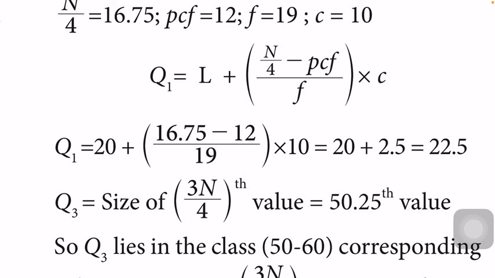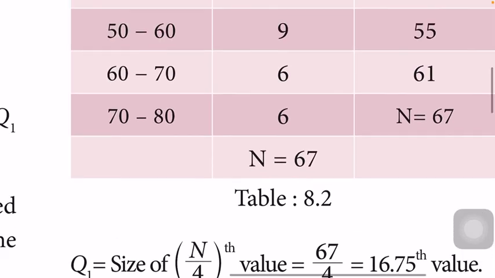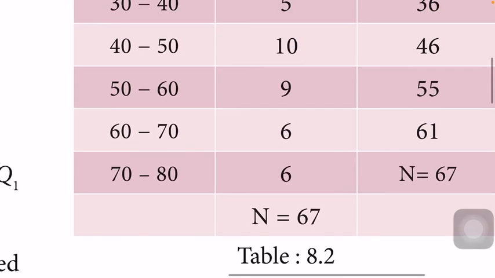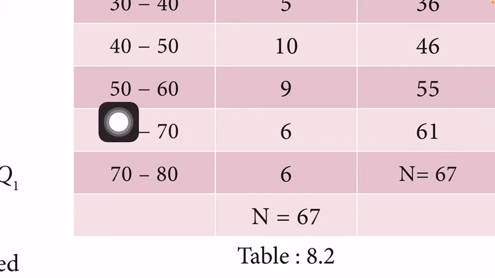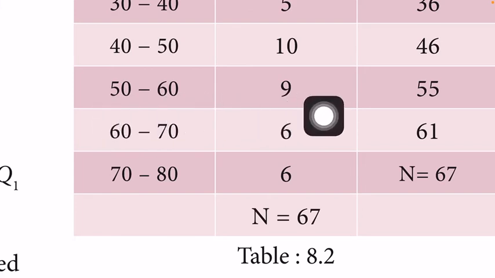Where does this value lie in the table? 50.25 means we select this 55. So the class interval is 50 to 60, the lower limit is 50, the frequency F is 9, and the PCF is 46.